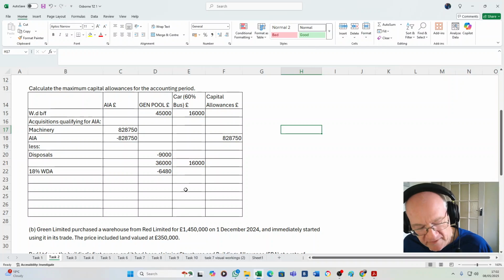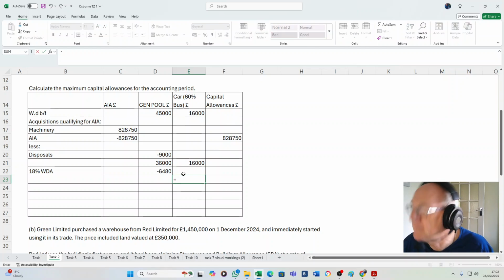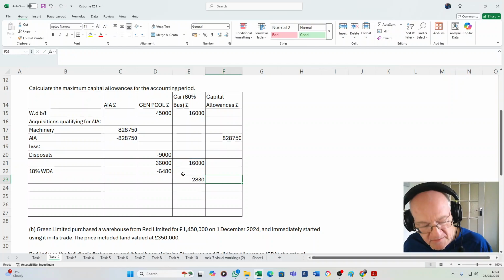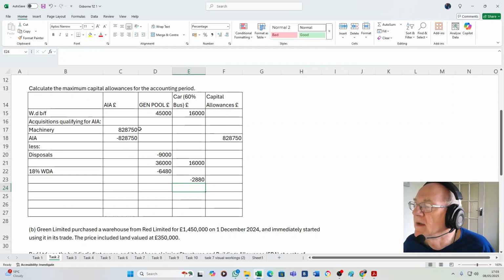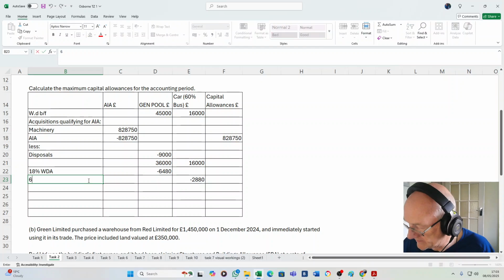Have I got enough rows? Probably. So $2,880. Again, I'll do the naught minus. And then I need to show that when it goes in here, so I'll put it here 60.